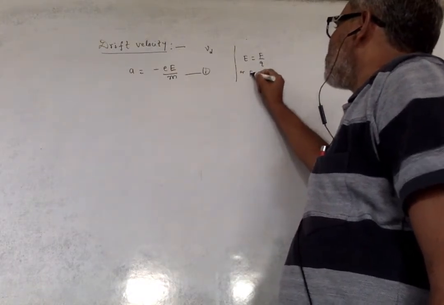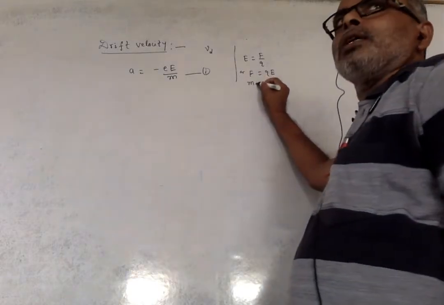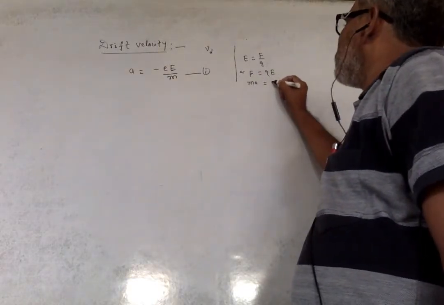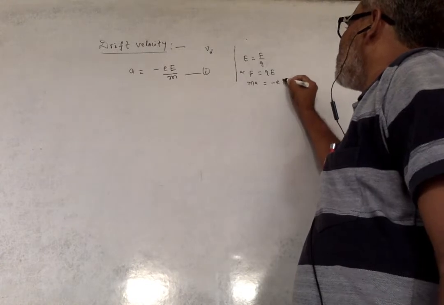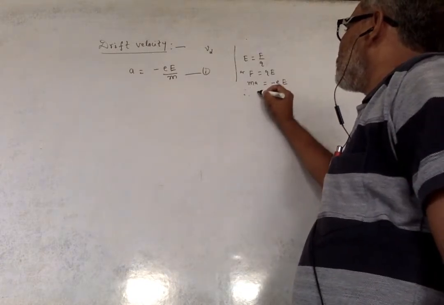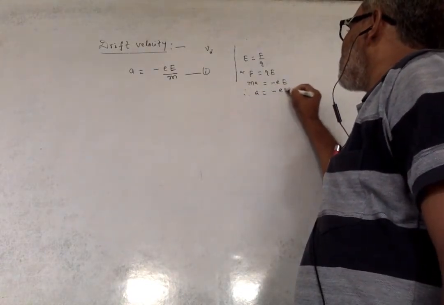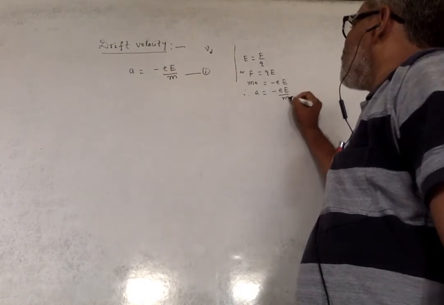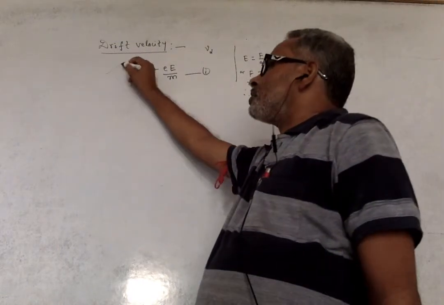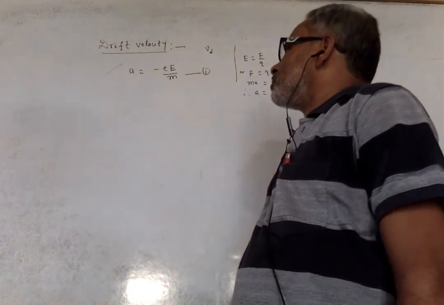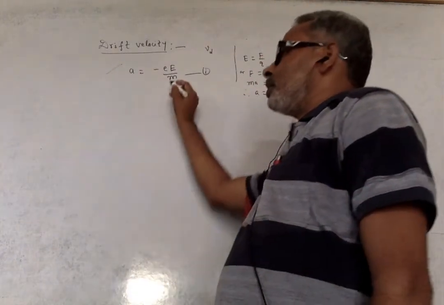We may write F equal to ma and q written as minus e. Therefore, a equal to minus eE by m. This is the acceleration produced on the electron moving through the conductor.